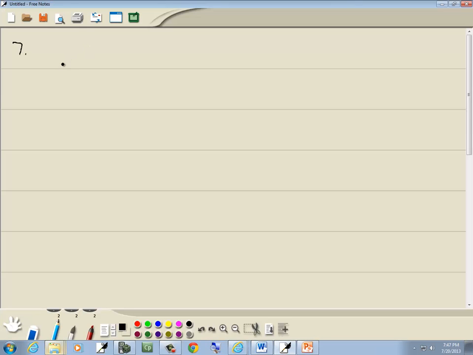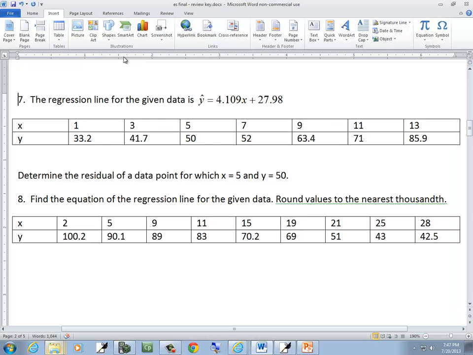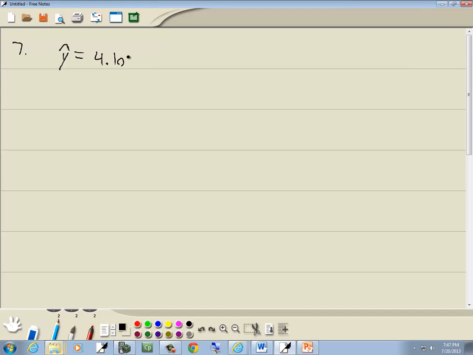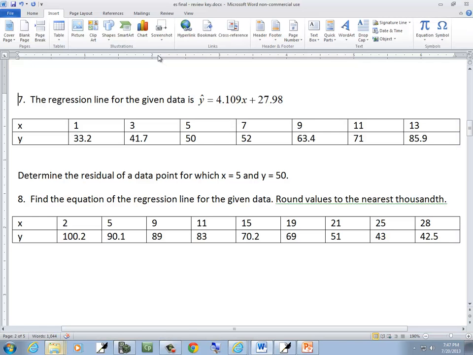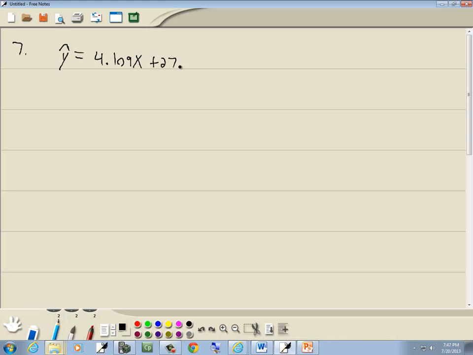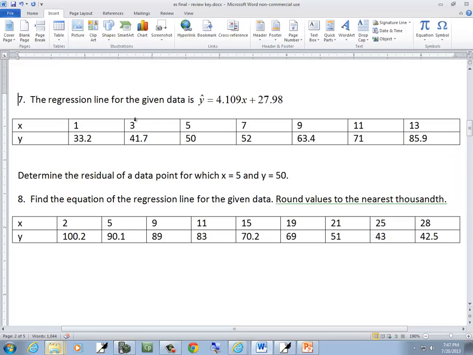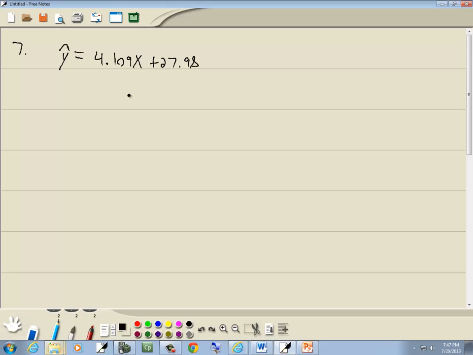So we got y hat is equal to 4.109x plus 27.98. And determine the residual of a data point for which x equals 5 and y is equal to 50. That's our data point right here. So it's just the point we're looking at.